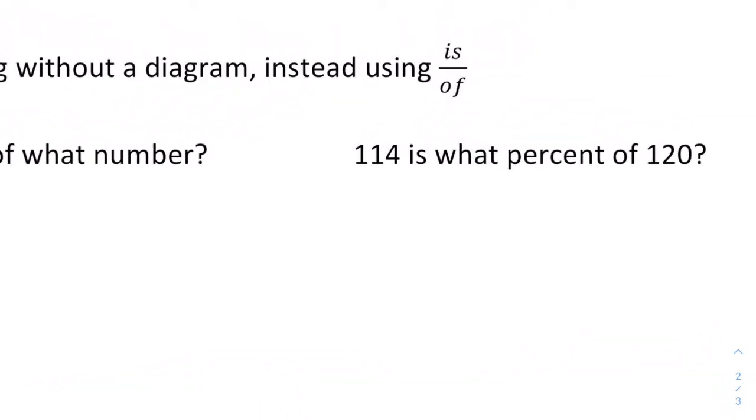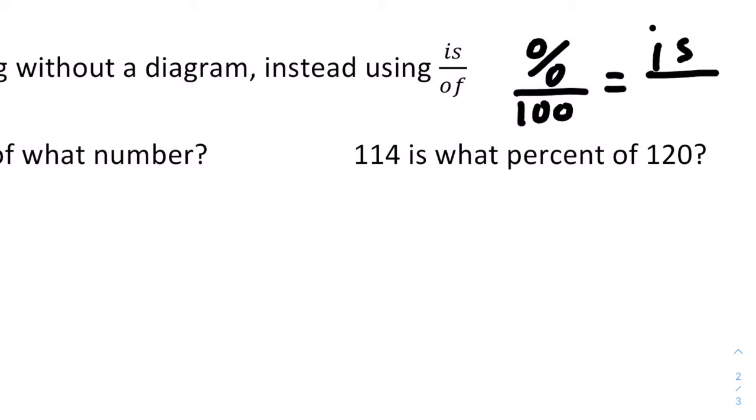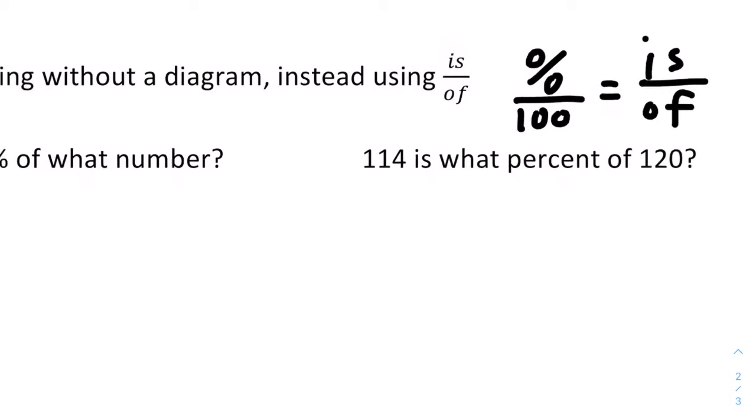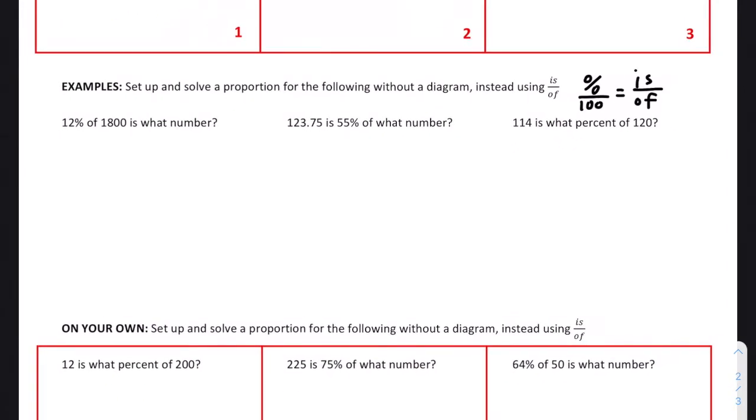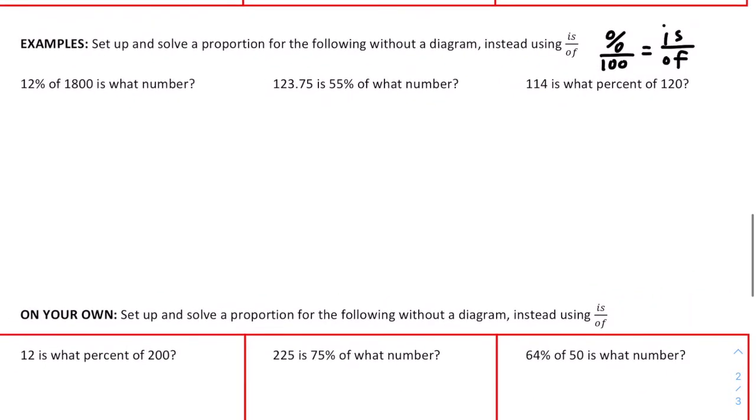Percent over 100 equals is over of. I would just get in the habit of always writing that down so that you have it and using it to solve these problems.